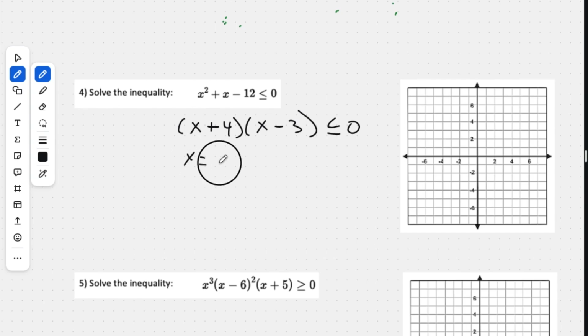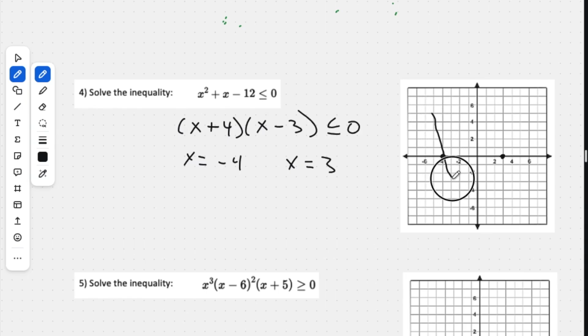I have intercepts at -4 and 3. And this is a parabola, and I don't need to worry about the vertex or graphing it precisely. I just want the parts that should be over the x-axis where they should be and the parts under where they should be. So there's -4, there's 3.